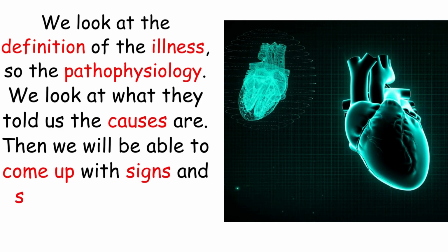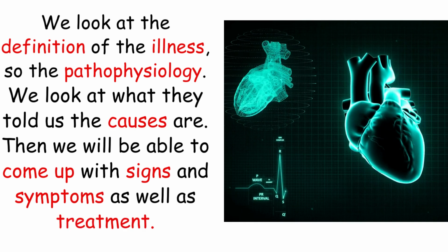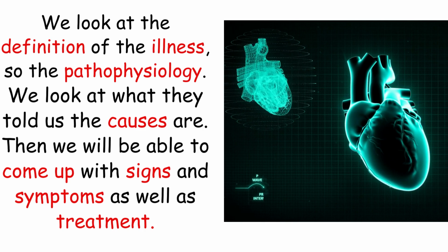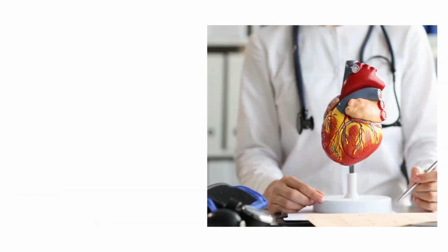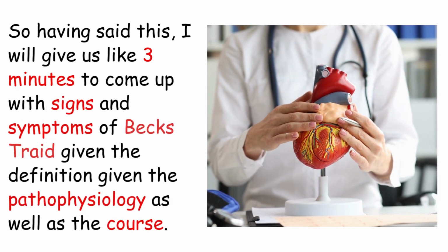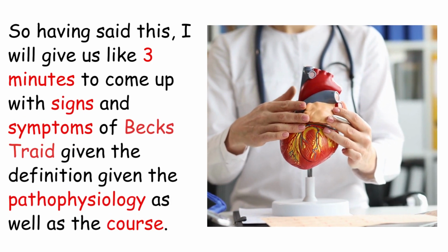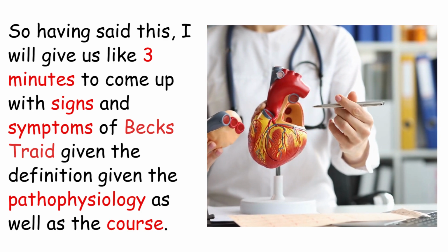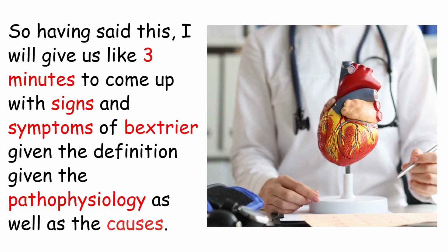We look at what they told us the causes are, then we will be able to come up with signs and symptoms as well as treatment. So having said this, I'll give us like 3 minutes to come up with signs and symptoms of Beck's triad, giving the definition, giving the pathophysiology as well as the cause.